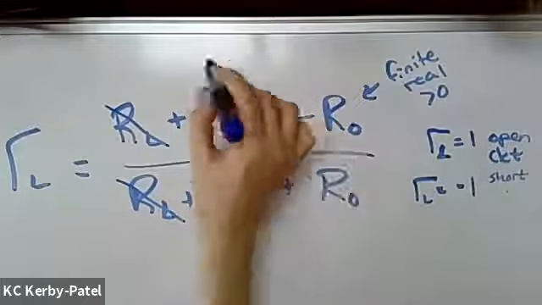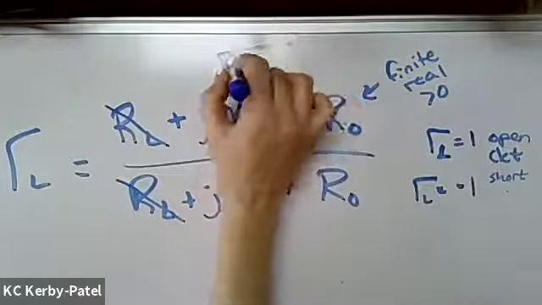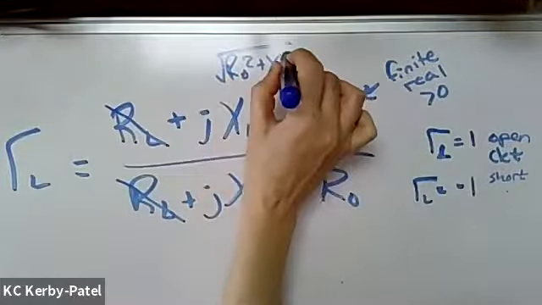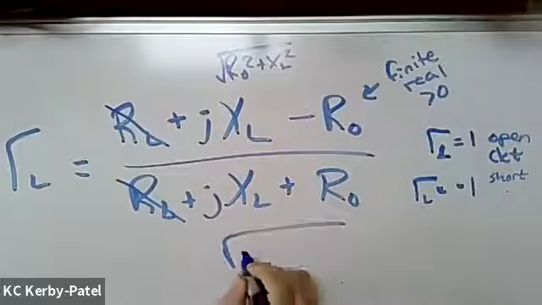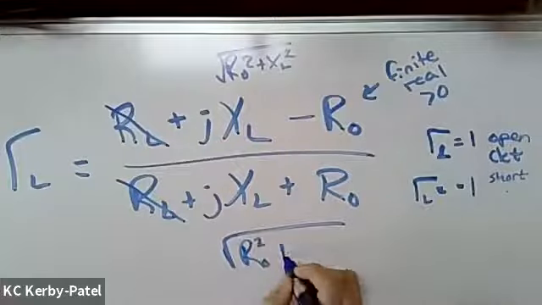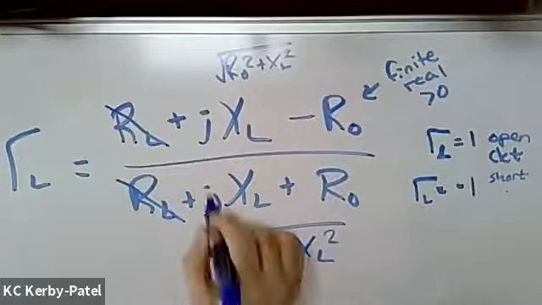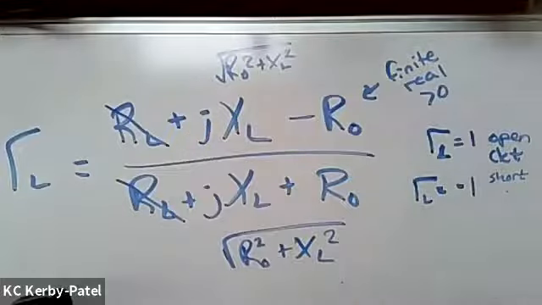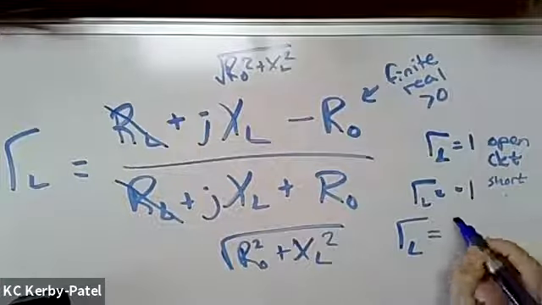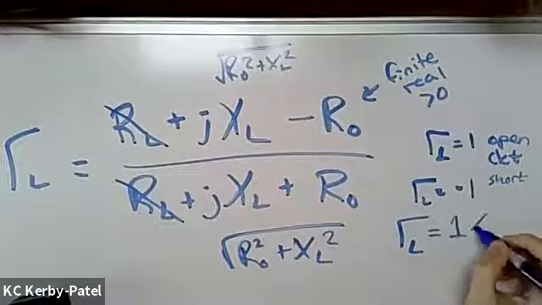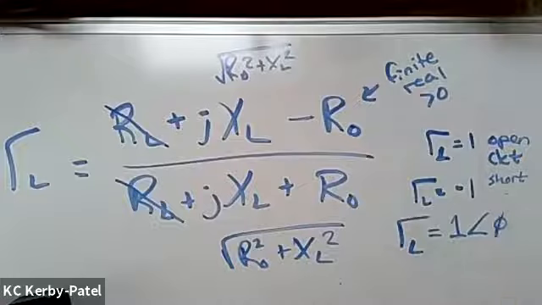Because the magnitude of this top one would be square root of R naught squared plus XL squared. And the magnitude of this bottom one would also be square root of R naught squared plus XL squared, but they have different phases. So gamma L has magnitude 1, but it's at some angle phi.